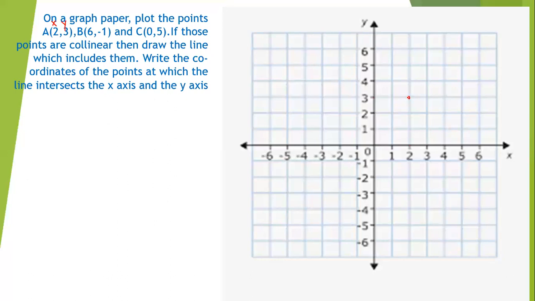Okay, the point will come over here. You can write the name of the point and the coordinates also, because here the name is given as A. So you have to write the point name also.